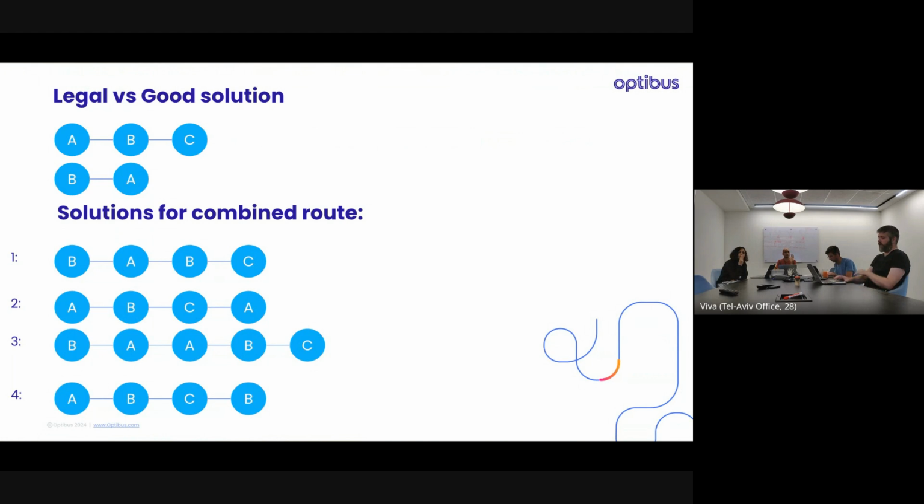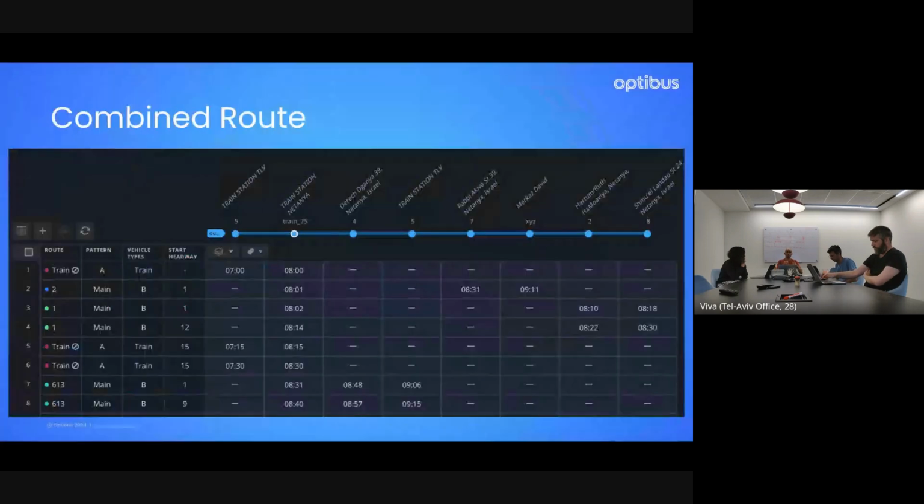So let's say you have only... Yeah, maybe I want to say a few words about the use case. So think of a corridor where many routes go to the same stops, and now the user wants to plan the trips of all these routes in one view.